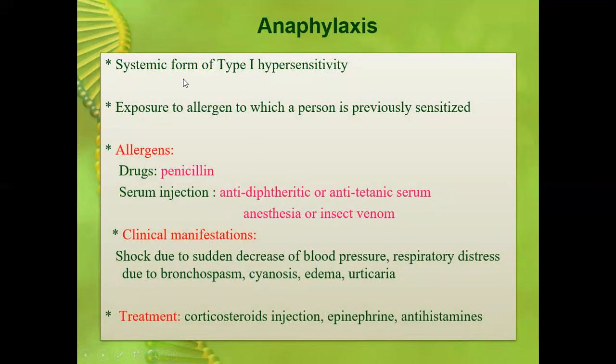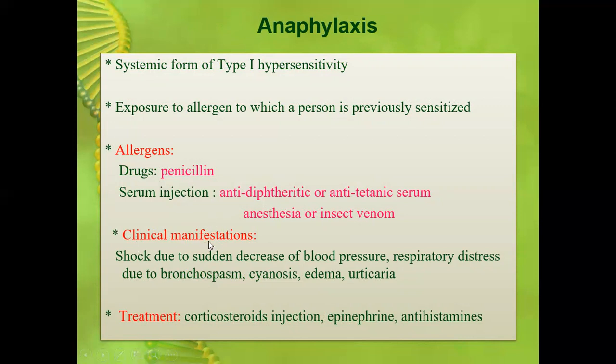So the best example for type 1 reaction is anaphylactic reaction. So this is a systemic form of type 1 hypersensitivity reaction. It follows exposure to an allergen to which a person is previously sensitized, like drugs such as penicillin, serum injection such as anti-diphtheric or anti-tetanic serum, anesthesia or insect venom, etc. So upon exposure to this allergen, it releases the antibody, especially IgE antibody, and develops inflammatory responses.